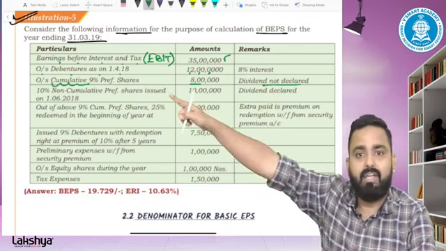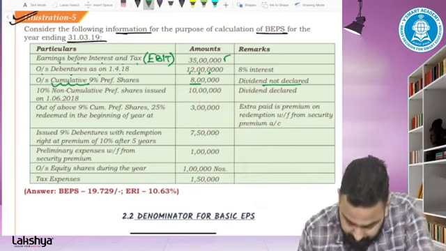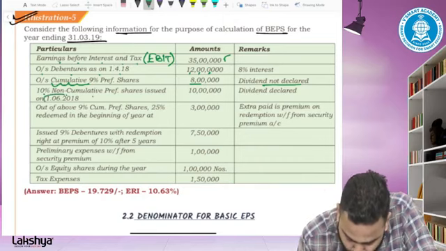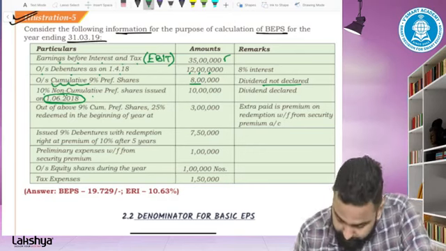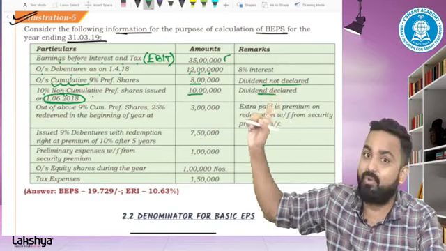Doesn't matter. If they are cumulative, whether the dividend is declared or not, we have to deduct it. 10% non-cumulative preference shares issued on 1/6/18, 10 lakh. Dividend is declared, so we have to consider it.